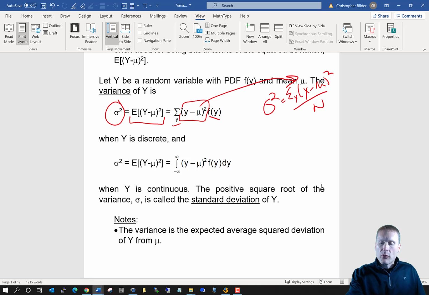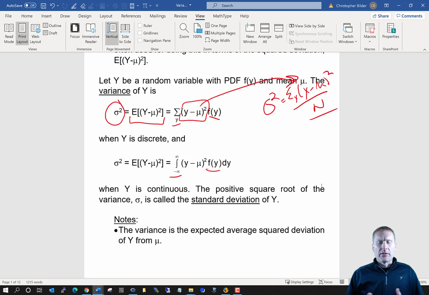But now, rather than weighting it by 1 over n, we're going to weight it by the corresponding probability of getting a particular value of y. That's when y is discrete. Now, when y has a continuous distribution, then we replace again the sum with an integral, and we change what f of y represents a little bit.